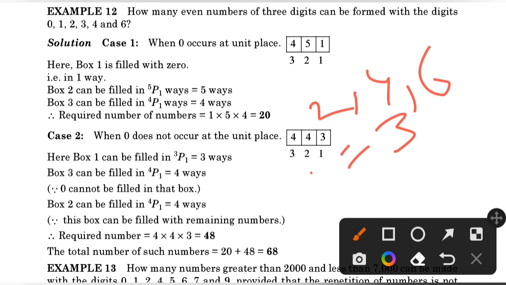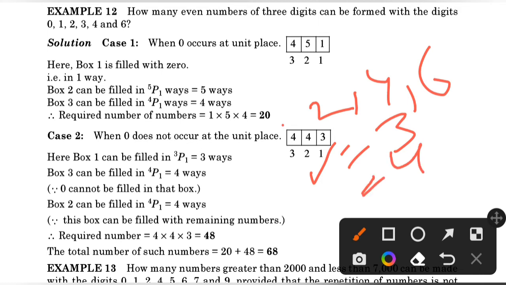One number is used here, so the remaining numbers remain. Box 3 can be filled in 4P1 ways, because 0 cannot be filled in that box and the unit place is already occupied, so we remain with just 4 numbers. So box 3 can be filled in 4 ways.